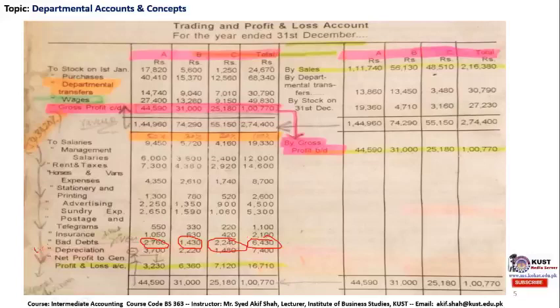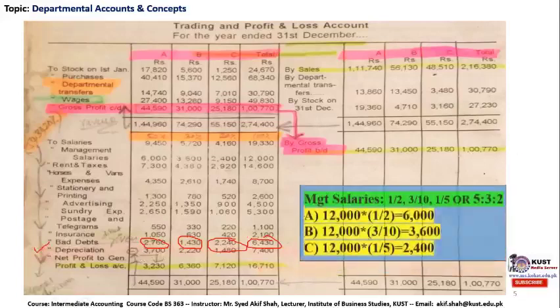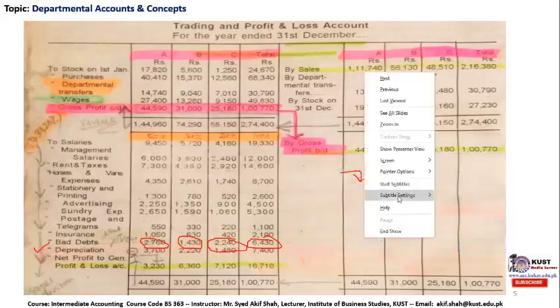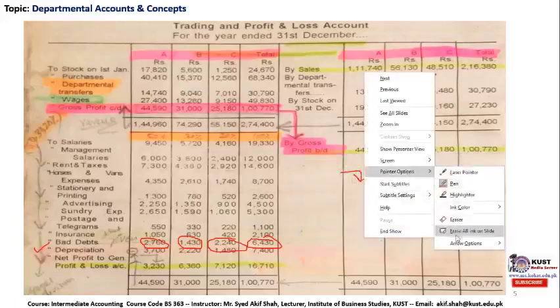And then finally the depreciation expense once again will have to be divided on this formula that we have mentioned in this presentation. So now we come to the last step, to calculate the net profit for each department.